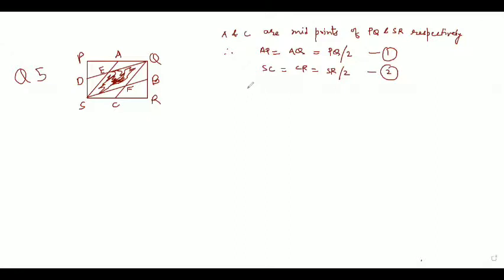And PQ equal to SR. This we will make as the third statement. Why? Because opposite sides of a parallelogram are equal.